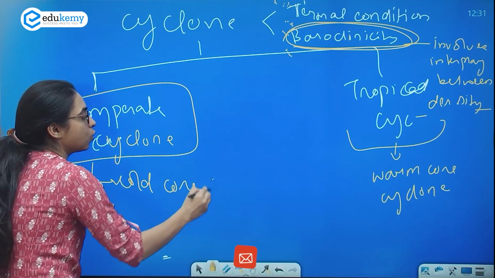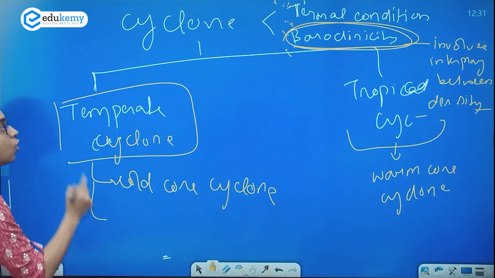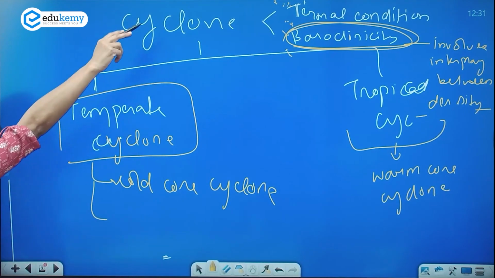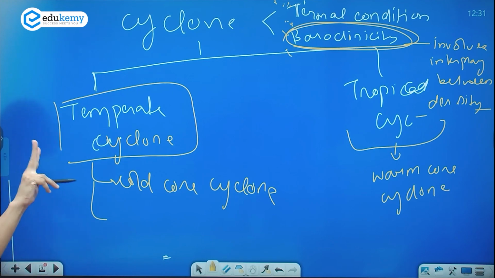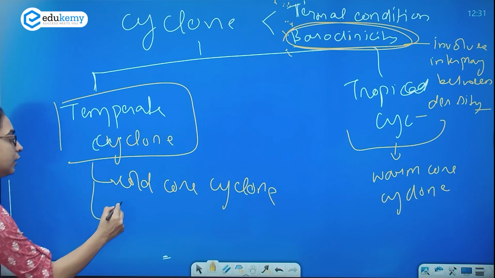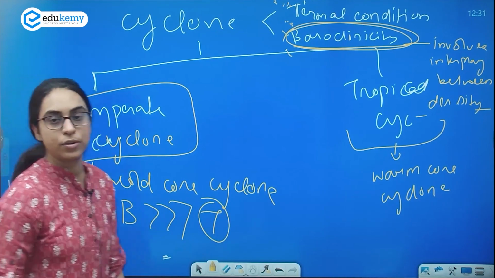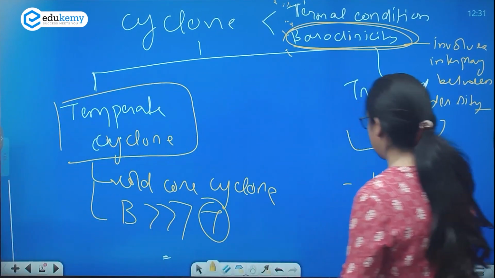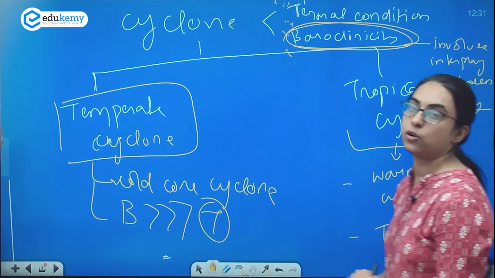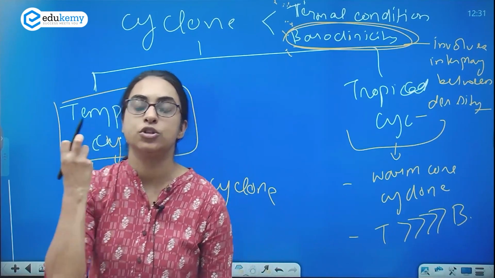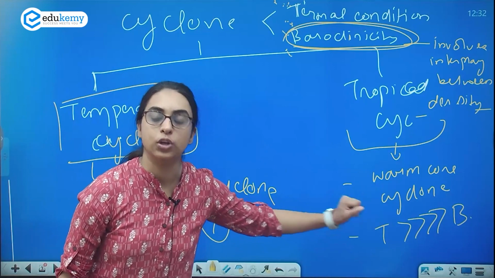So in a temperate cyclone, both things play an important role. Temperature plays an important role, and baroclinicity also plays an important role. Which of the two plays the bigger role? Baroclinicity plays a bigger role compared to temperature. In the tropical cyclone, temperature plays a very important role as compared to baroclinicity in the formation of the cyclone. So this is the basic that I have tried to cover.